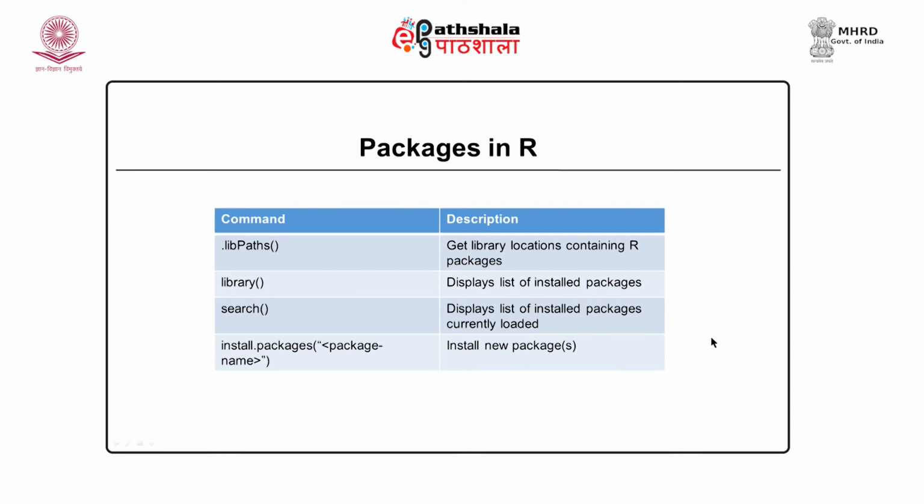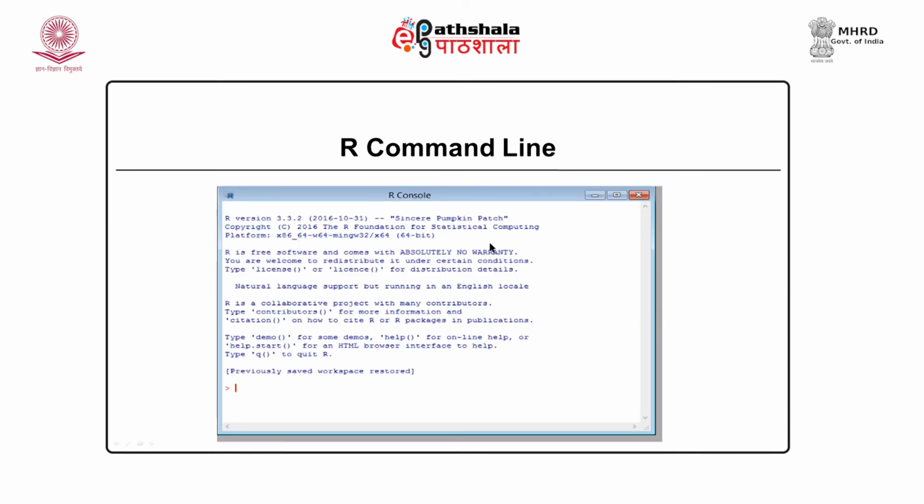Now, let us move ahead. As you can see, the screen contains command line interface. There is a prompt over here. So, we type commands at this place, and your session is known as workspace. So, whenever you quit the session, your workspace can be saved using this interface.